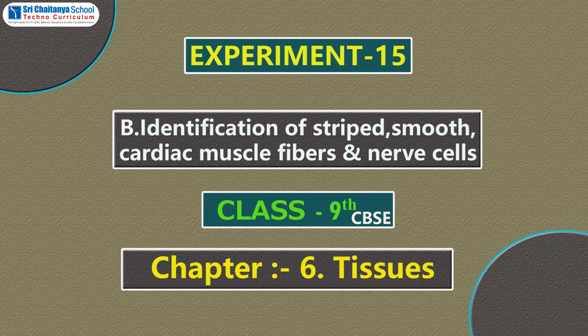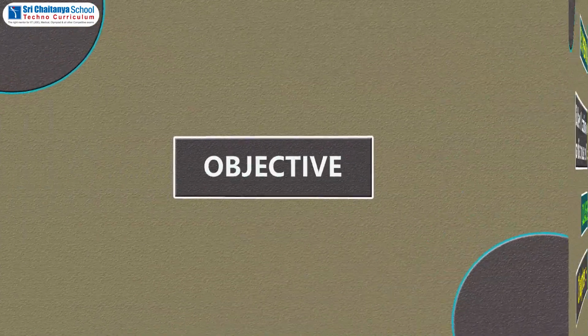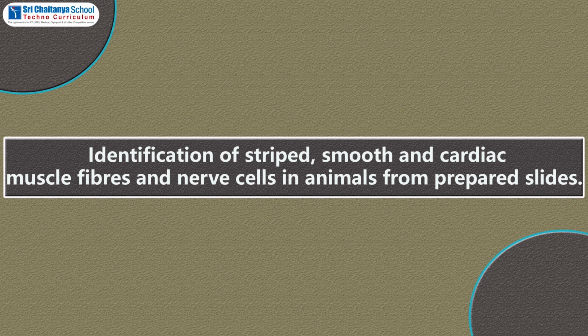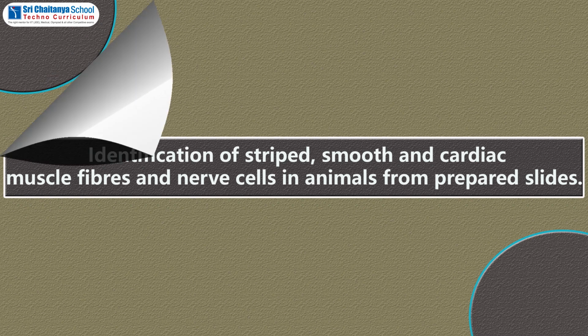Hi children. Today we are performing a biology experiment of class 9th. Objective: identification of striped, smooth, and cardiac muscle fibers and nerve cells in animals from prepared slides. Draw their labeled diagrams.